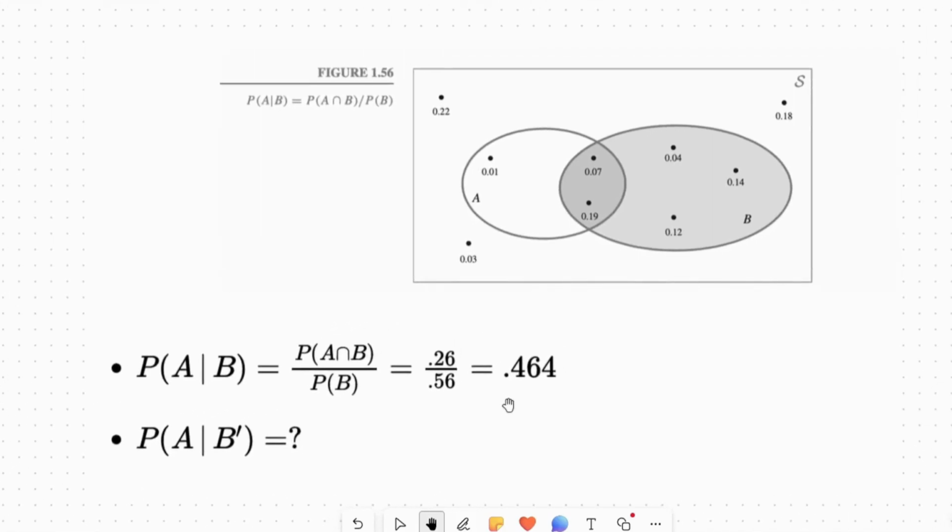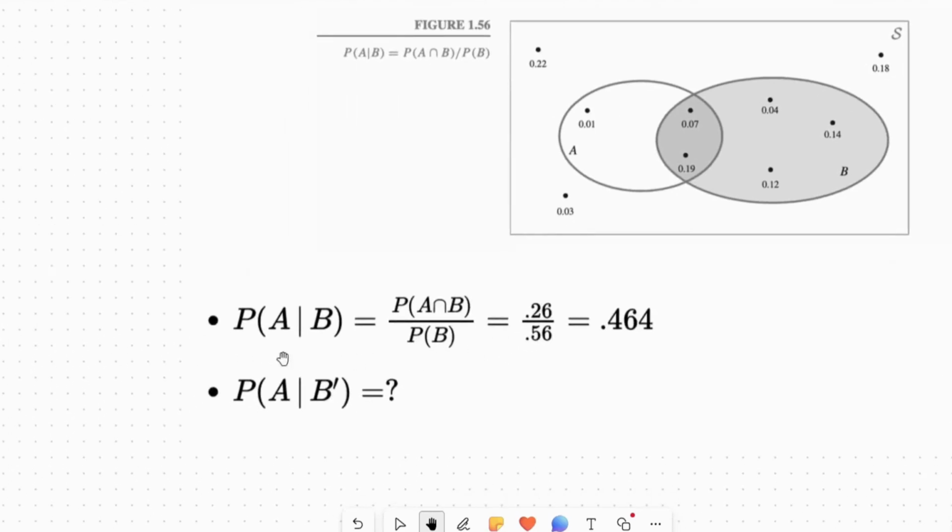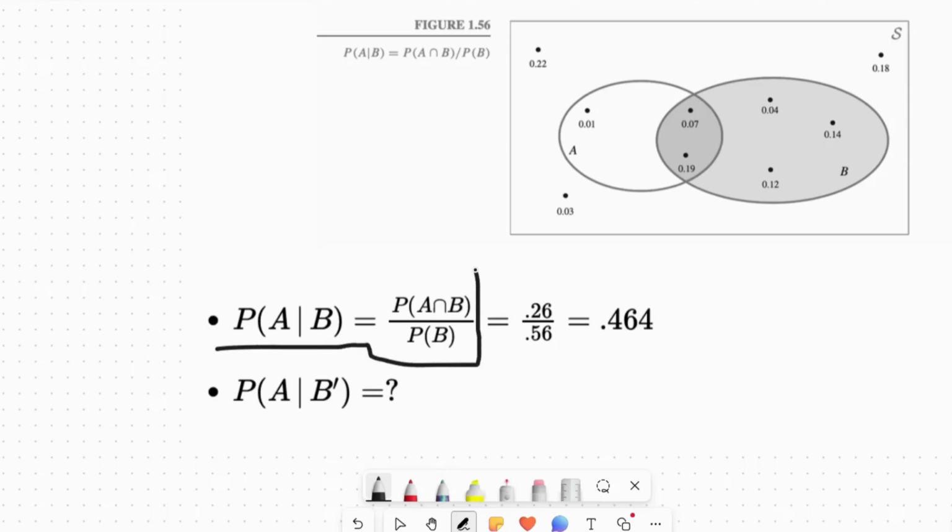So now let's solve this one. These are the given values, and from the previous knowledge, we already know this formula. By using it, we find this one, and now we have to find this one.